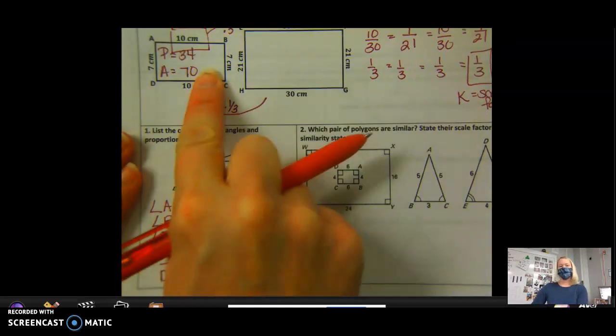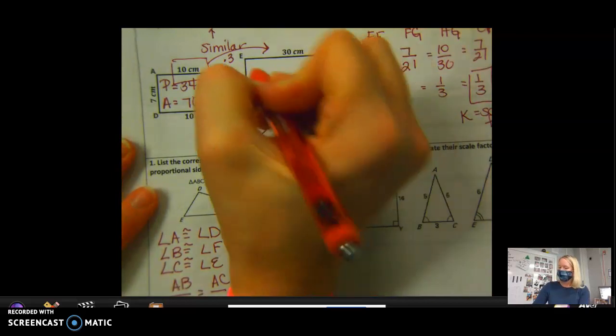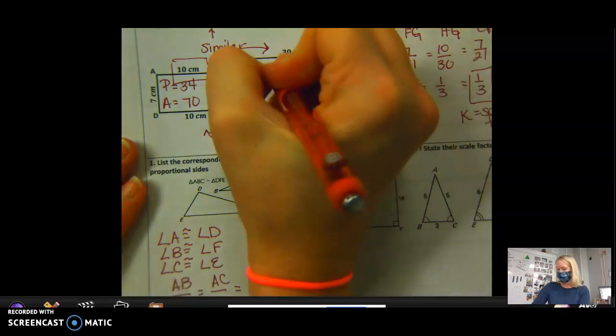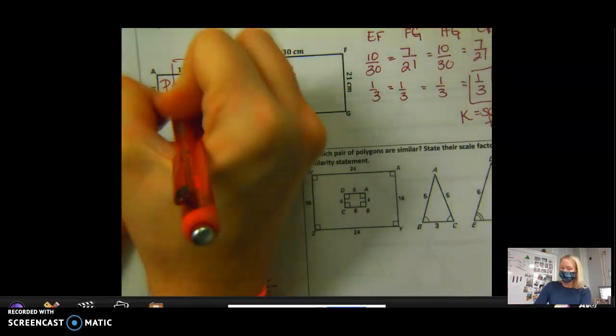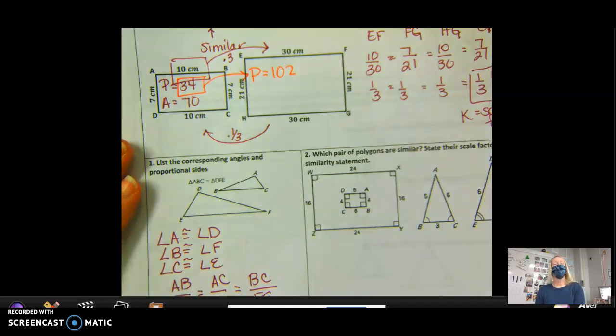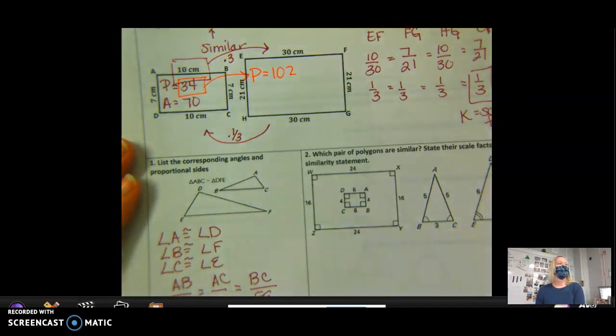Okay, go back up here. What is the perimeter of this larger rectangle? What did you say? I'm sorry? 102. What do you do to 34 to get to 102? Multiply by 3. And 3 is our what here? Scale factor.